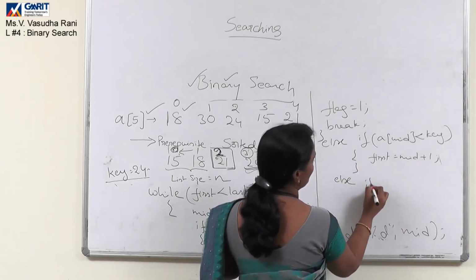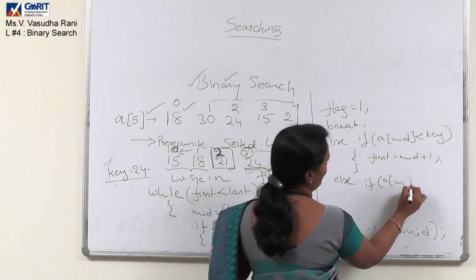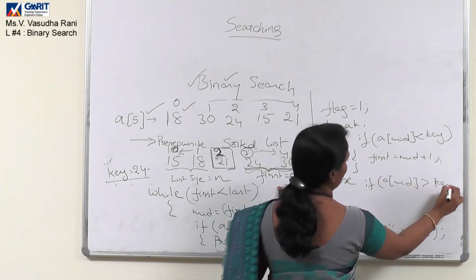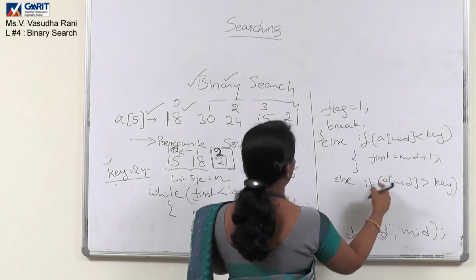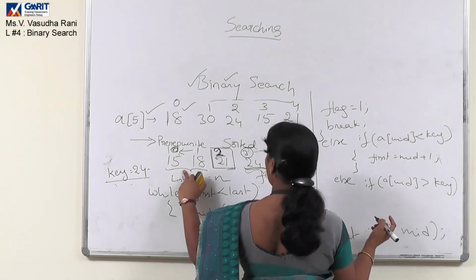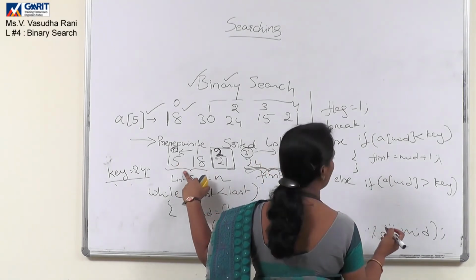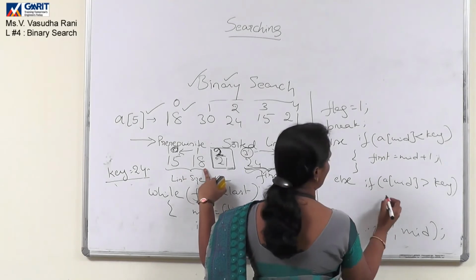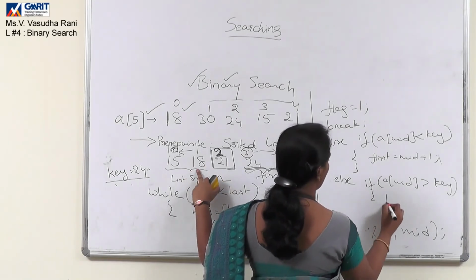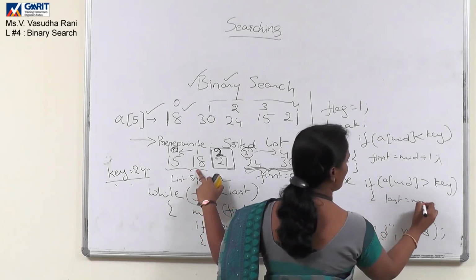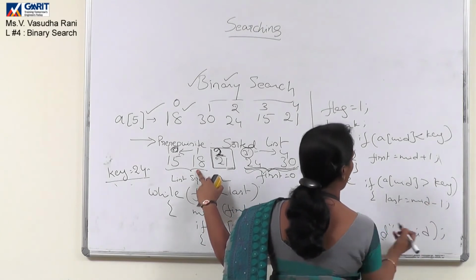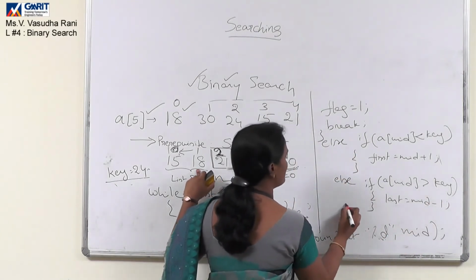Else if A of mid is greater than key, the key may be available in the left part, so last will change. Last is mid - 1 and first will remain the same.